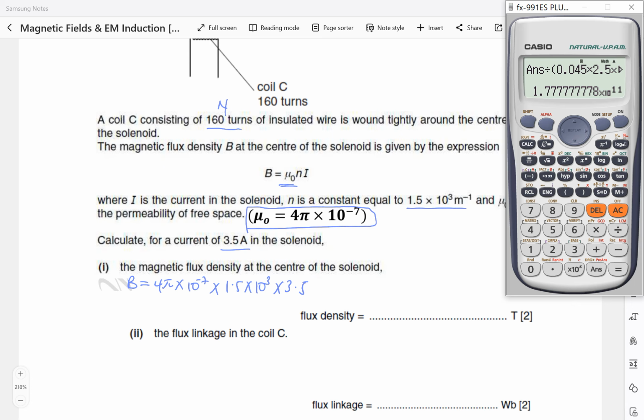That's just substitution. So 3.5 times 1.5 times 10 to the power of 3 times 4 pi times 10 to the power of minus 7. Okay.